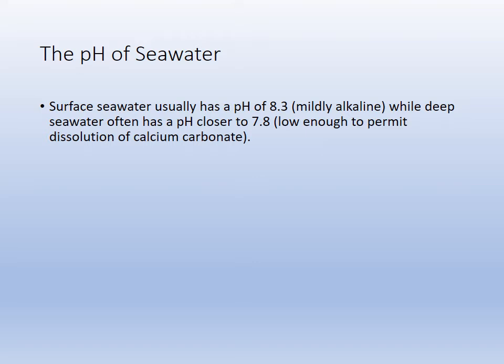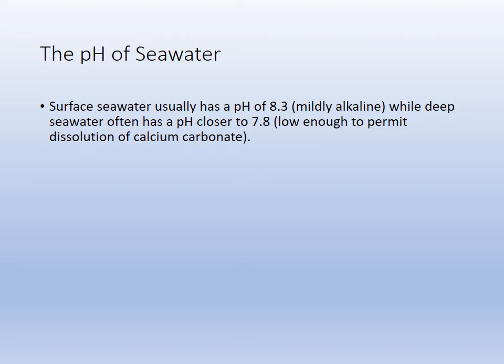Seawater is slightly basic. That allows calcium carbonate. Carbonate is a buffer. When you get a tummy ache, you take Tums. That's carbonate. Organisms use that to make shells. So the whole calcium carbonate cycle is keeping the ocean's pH stable.